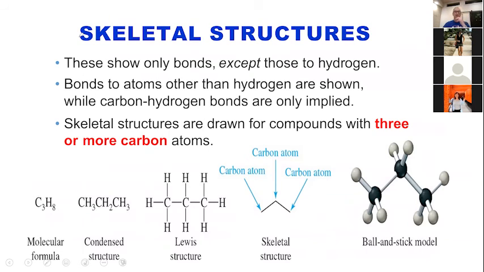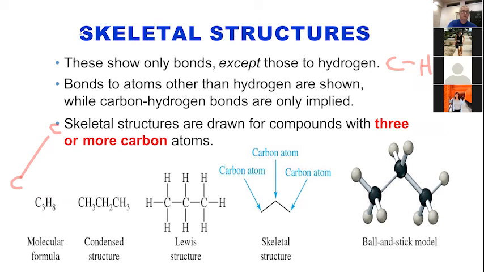So, like I said, skeletal structures only show bonds except carbon hydrogen bonds. Everything else is shown. So carbon-carbon bonds are represented with just a line. A line is supposed to be a carbon at one end and a carbon at the other end. That's what's to be assumed.